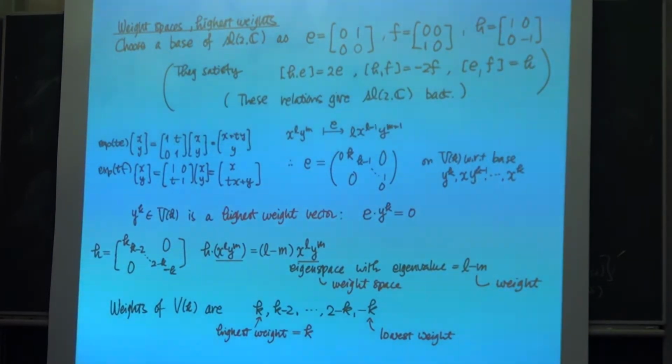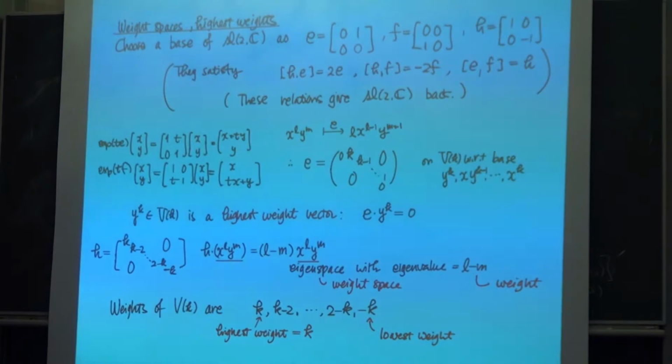They satisfy the relations I wrote here: the commutator of H and E is equal to 2E, the commutator of H and F is minus 2F, and the commutator of E and F is equal to H. These are the defining relations of sl2C. You can forget the geometric structure, and consider sl2C as the Lie algebra generated by 3 elements H, E, F satisfying these equations.